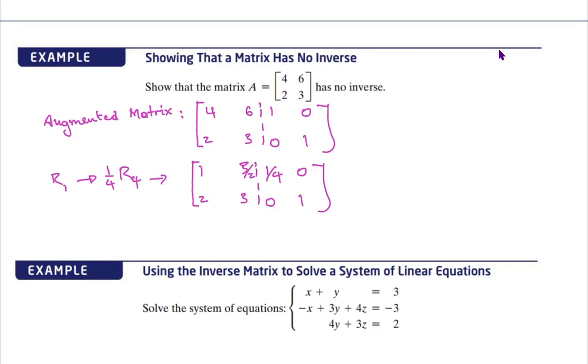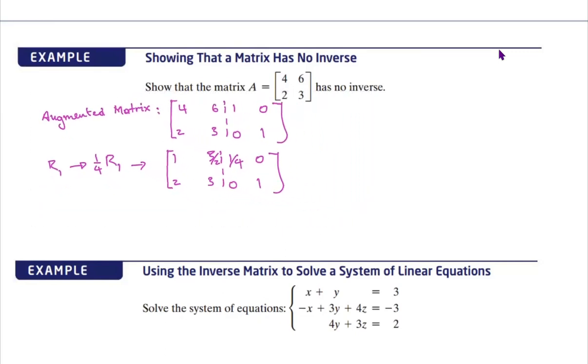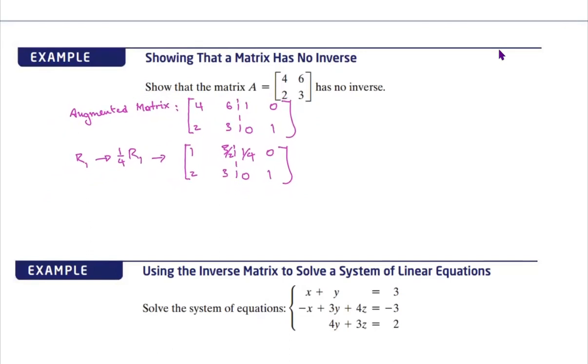So let me do R2 receives R2 minus 2 R1. And then it will give me that result. R1 will be okay to stay.